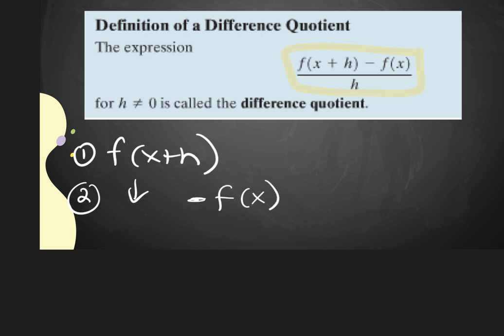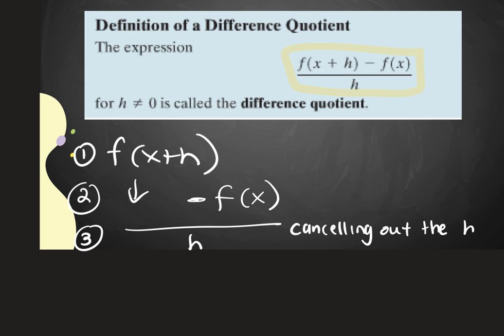So then I subtract the original function from it, which means change my signs, combine like terms, simplify. And then the third step is going to be taking everything that you just got and putting it over h and canceling out the h's, because you will be able to simplify, because there should be an h on all the values that are left, and you'll be able to simplify it.